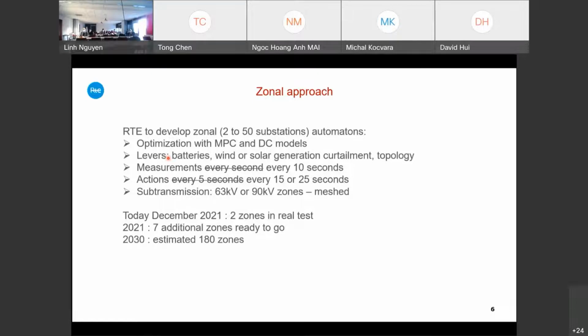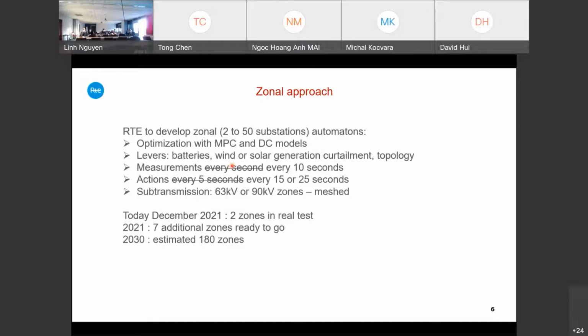So as an experiment, we are building, and we will operate, three large batteries, 10 megawatts each, for congestion management embedded in our local controller. So the first lever is batteries. We have, of course, as I already mentioned, wind or solar generation curtailment or limitations.